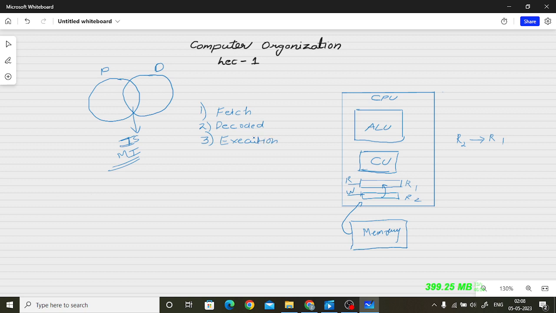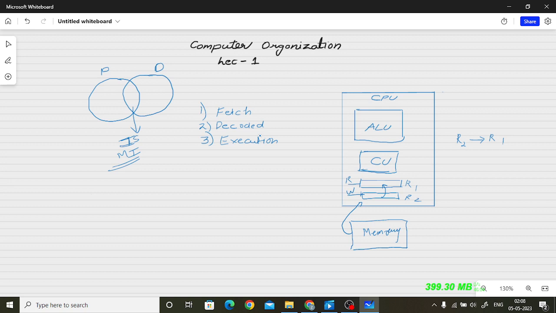Fetch, decode, and execution. This is the life cycle of an instruction. The instruction is first fetched into the instruction register IR, then it is decoded, and according to that decoding, the instruction is executed.